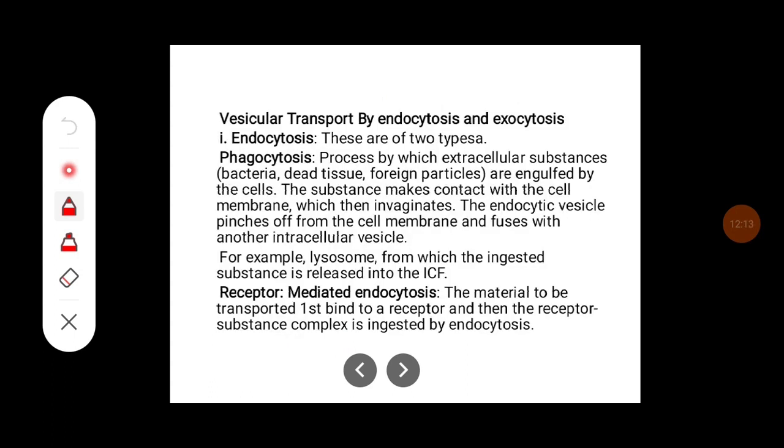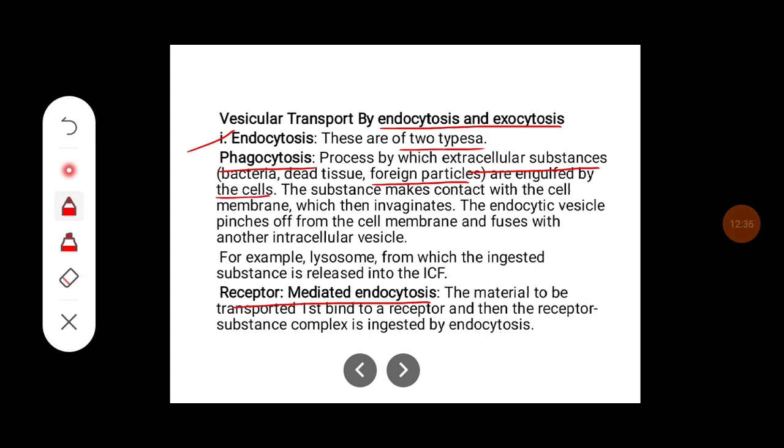Coming to vesicular transport, which occurs by endocytosis and exocytosis. Endocytosis has two types: one is phagocytosis and another is receptor mediated endocytosis. Phagocytosis is a process by which extracellular substances, that is bacteria, dead tissue, and foreign particles, are engulfed by the cells.